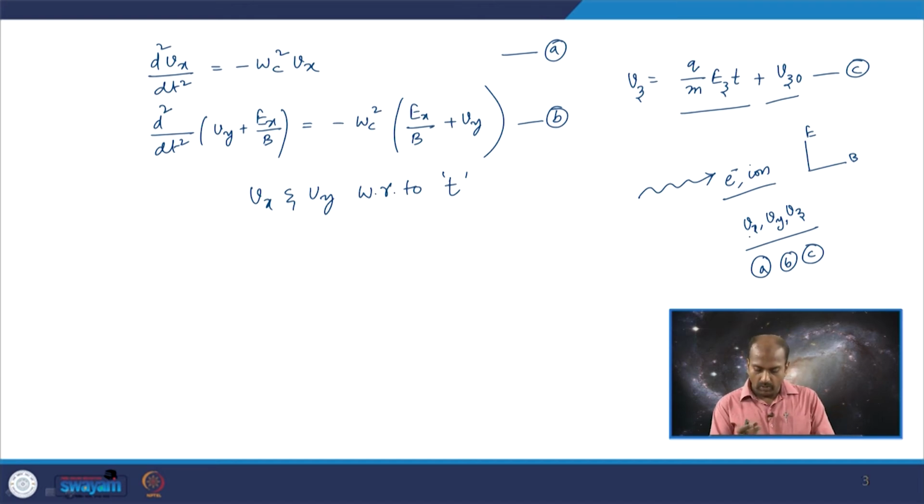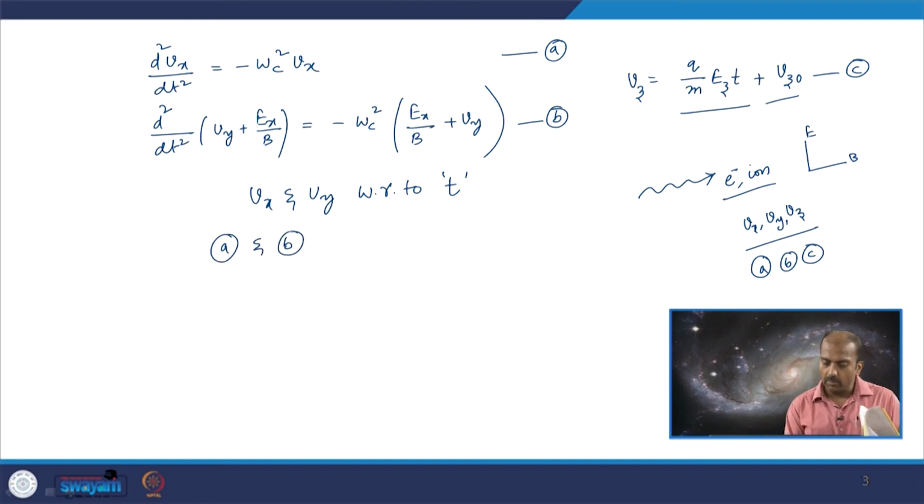What I mean is that the velocity components will behave so as to satisfy these three differential equations simultaneously.